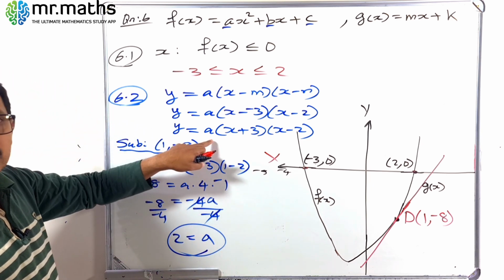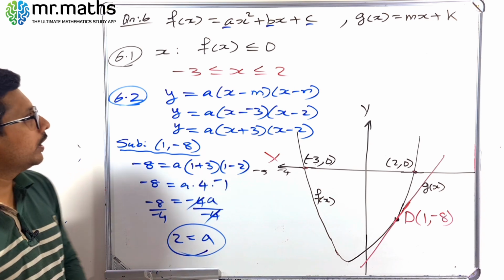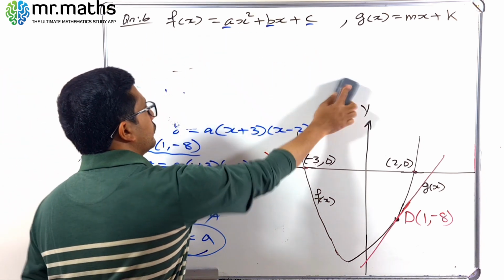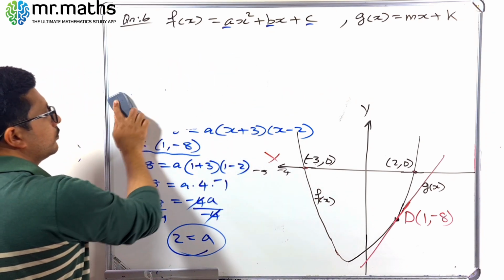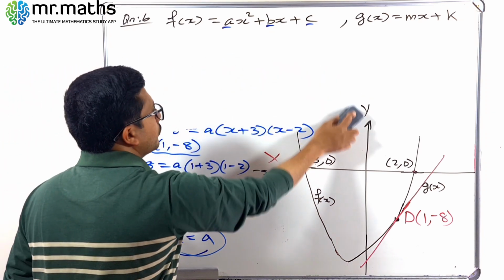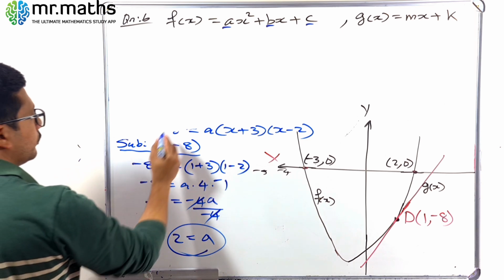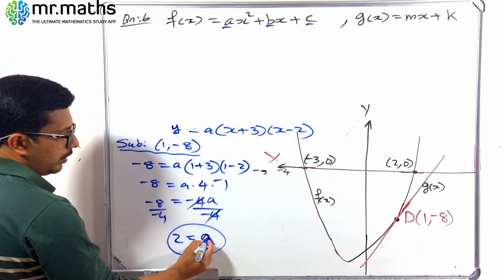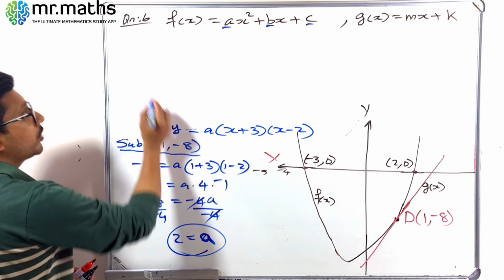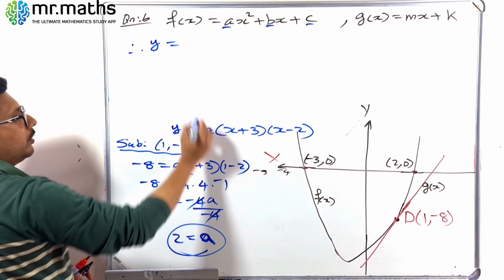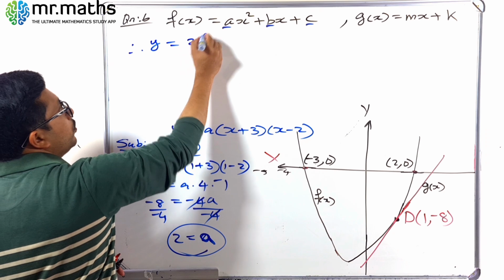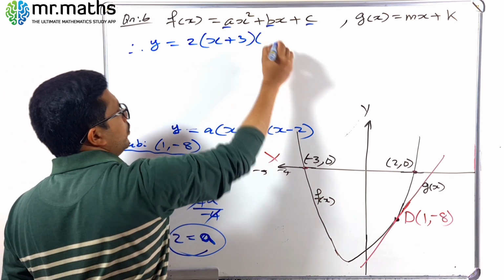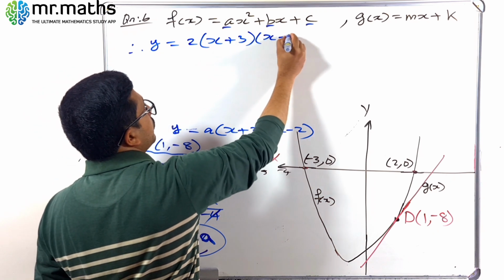Now we can substitute back in this equation. So we are going to substitute the value of a as 2 in this equation. Therefore, y is equal to 2 into x plus 3 into x minus 2.